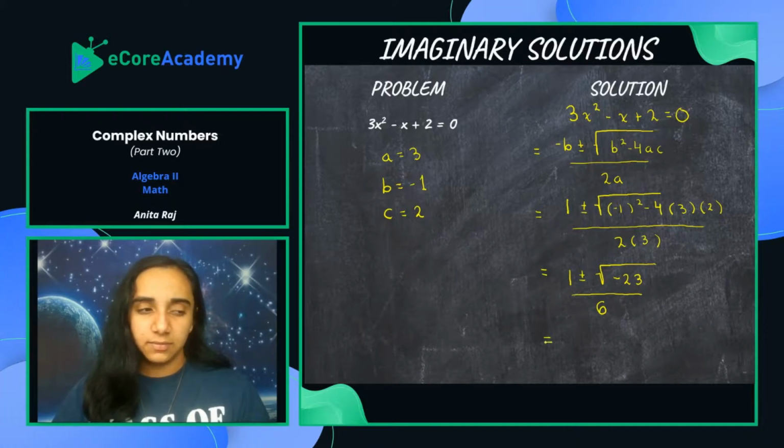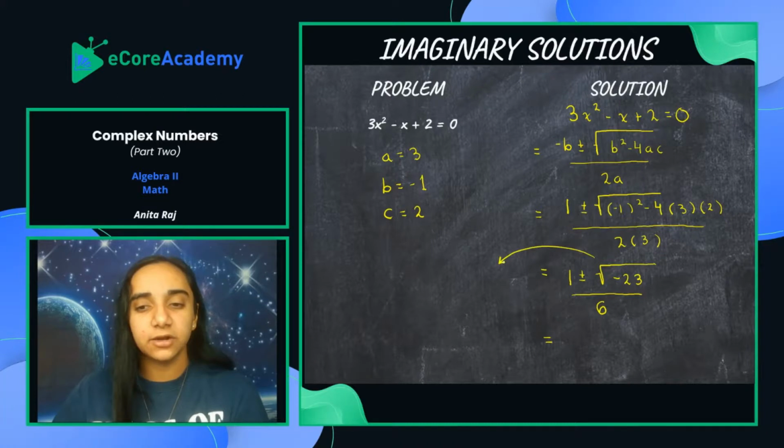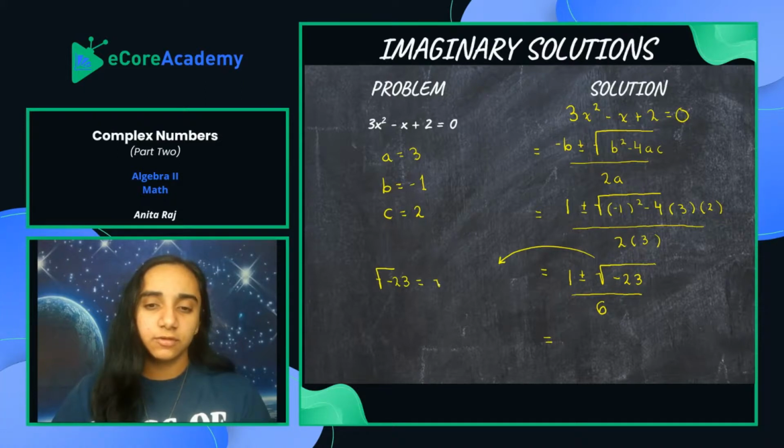We can't leave this negative 23 underneath the square root symbol. So what we have to do is rewrite the square root of negative 23 as the square root of negative 1 times the square root of 23. Remember, the square root of negative 1 is i.